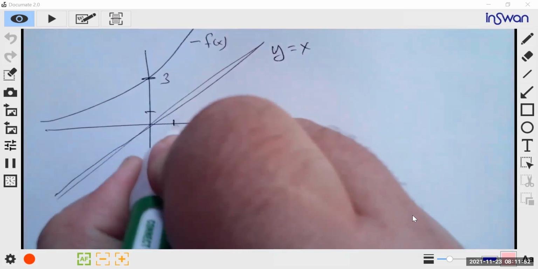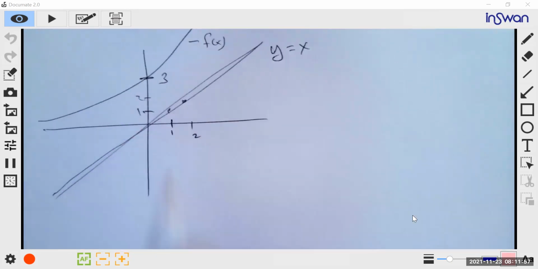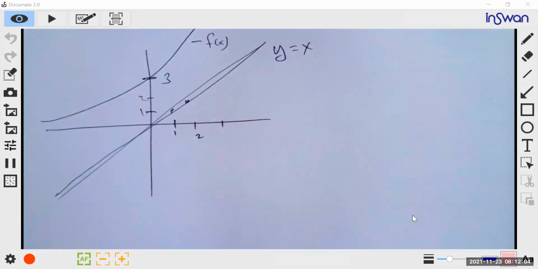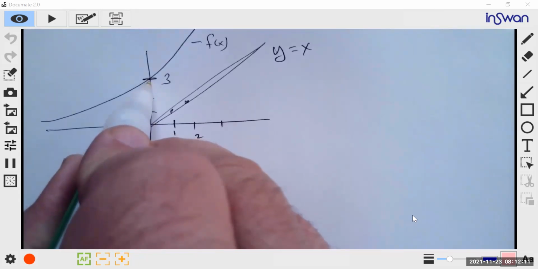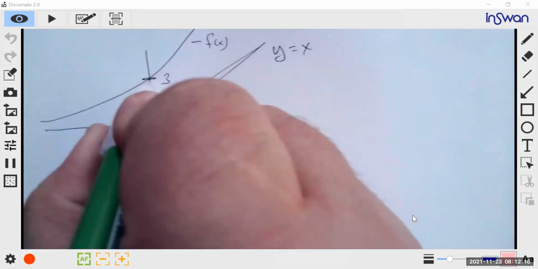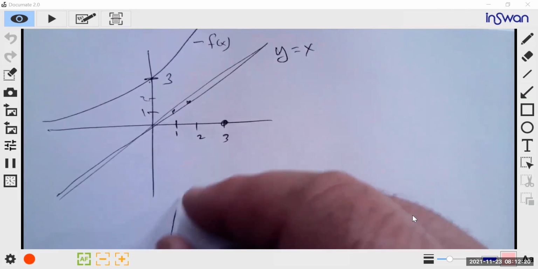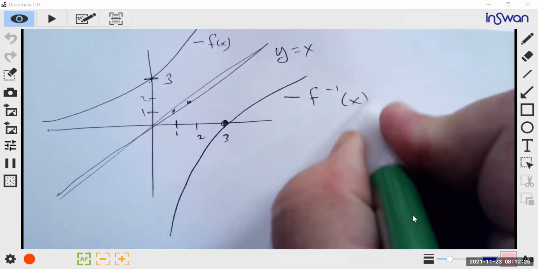For every x, this is 1, 1, 2, 2. So since the original function crossed the y-axis at 3, and I folded across, it's now going to cross at 3 on the x. So our inverse function will look like this.